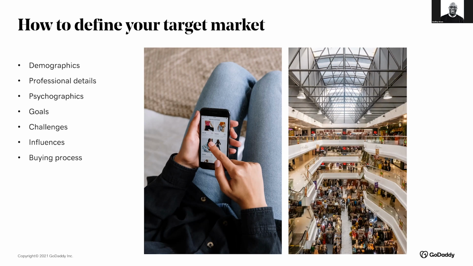And then some professional details, maybe some information about their job or their place of work. Any psychographics, which are details about their personalities or their innate qualities, maybe some goals, descriptions of what they want to accomplish, and maybe how your product or service can accomplish that for them, and any challenges they have, some problems that this audience regularly faces, or maybe how your product and service can help them overcome those challenges.